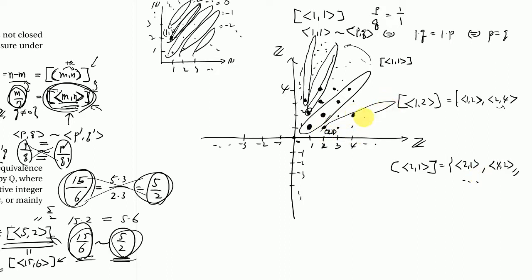When you compare this portion and that portion, it's a mirror image across this diagonal. The symbol for 1, 2 is 1/2, and the symbol for 2, 1 is 2, and 1, 1 becomes 1.